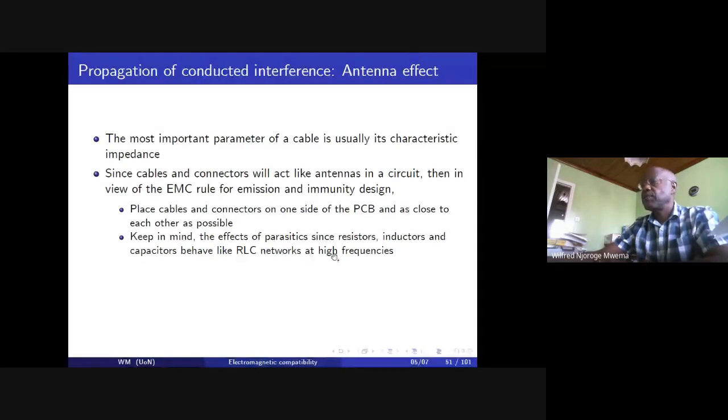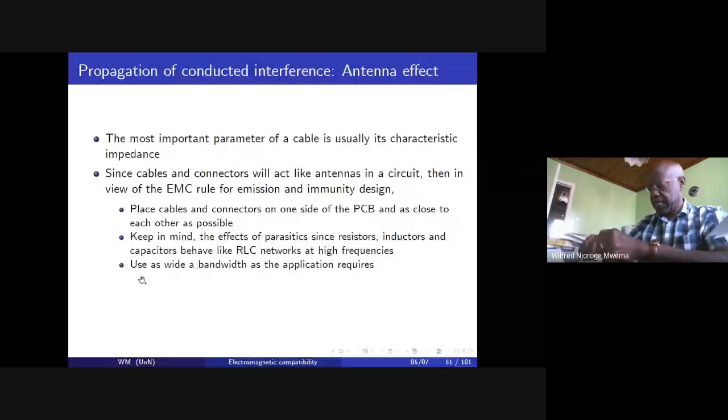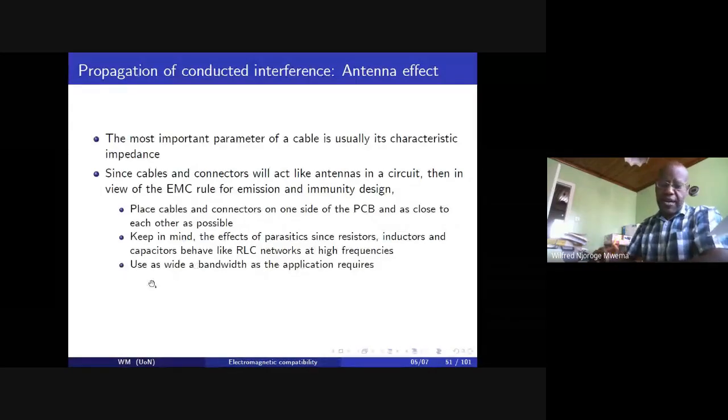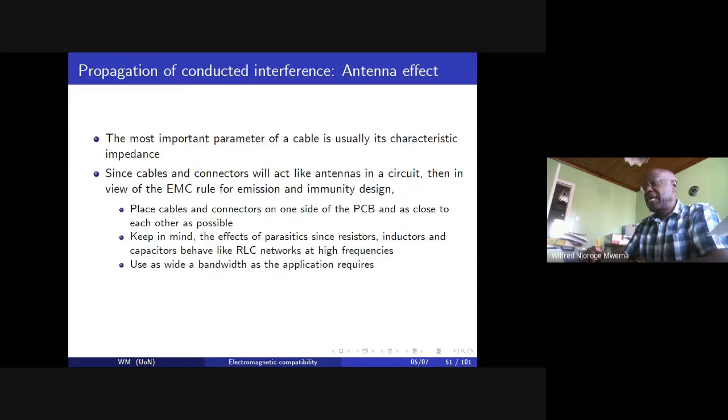So we must use as wide a bandwidth as the application requires. Say, for example, when we make an audio amplifier, we've been told that the audio range of sound is from 10 hertz to 20 kilohertz.